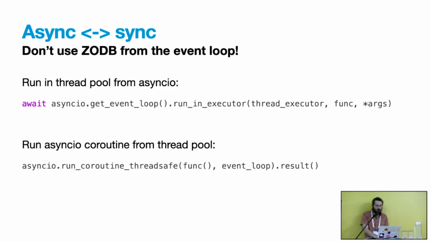This is where we've got something in a WebSocket and we run some normal Plone code, so we tell it to run in the thread executor from Plone. And then this other one is what I was saying before. If you've got normal Plone code that wants to send something over a WebSocket, then we have to tell asyncio to run a coroutine from this function in the current event loop. So there are ways to make this work. It's not necessarily super clear, but it's a building block.